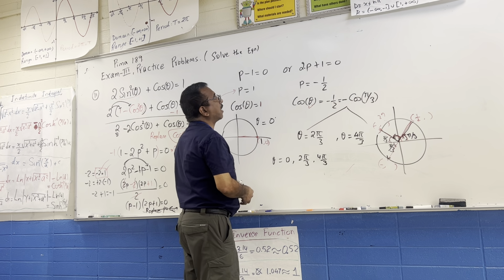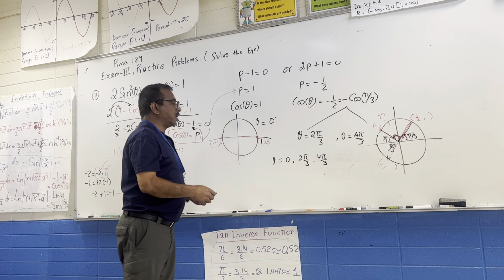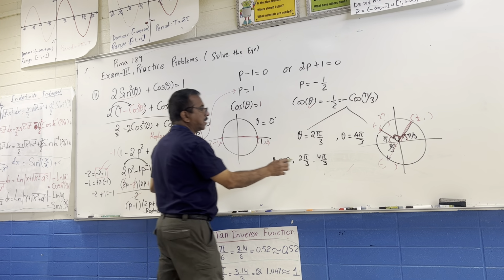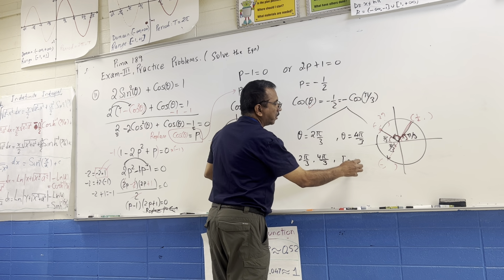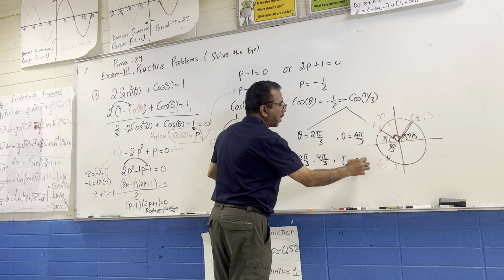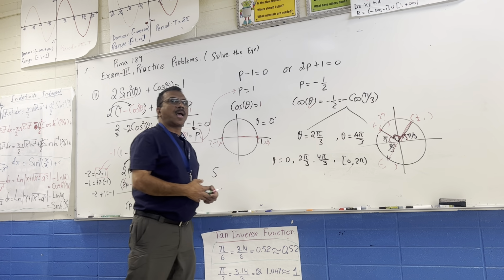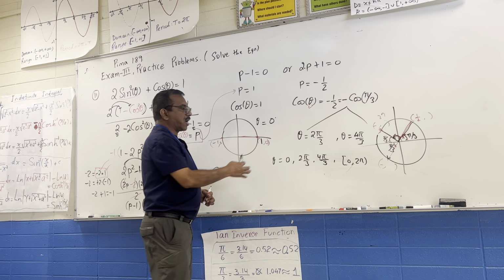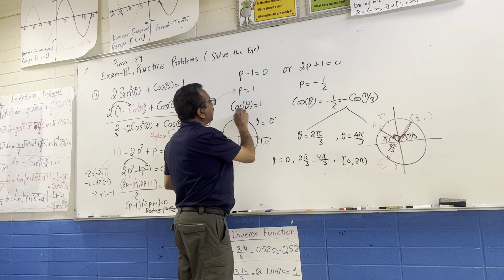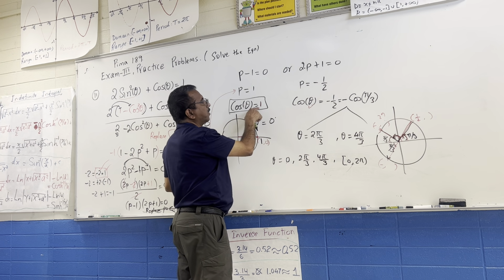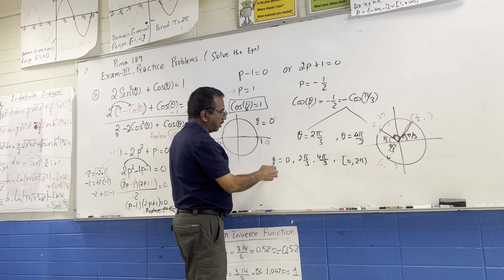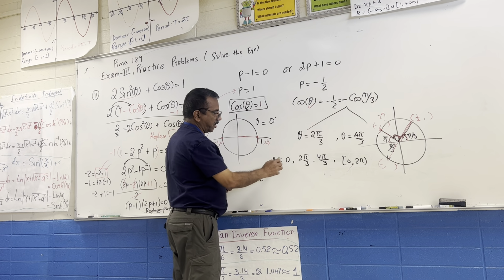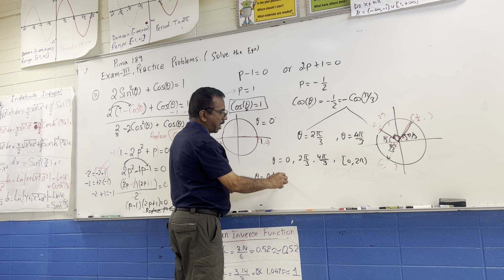The question asks to find the general solution. The answers that we got are from 0 to 360 degrees, which is too limited. Since the question is asked in general, we have to write it differently. Cosine theta is 1 means theta is 0, and the period of cosine is 2 pi, so we generalize: 0 plus 2 pi k.